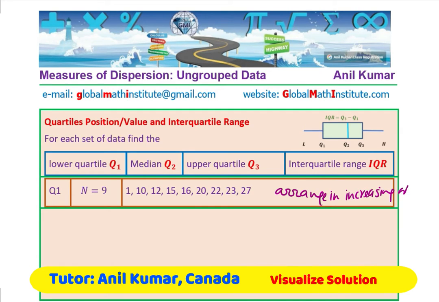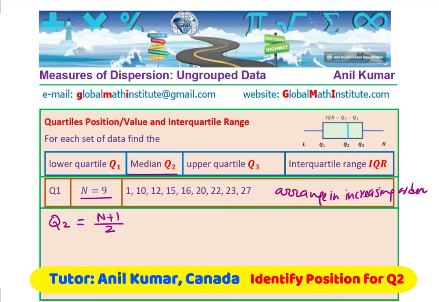Now for these exercises, I have already done that for you. Now, number of elements is 9, correct? So the formula, let's begin with Q2, the center one. So Q2 is always n plus 1 divided by 2, the middle value, right? So in our case, the middle value will be what? We are looking for position, right?